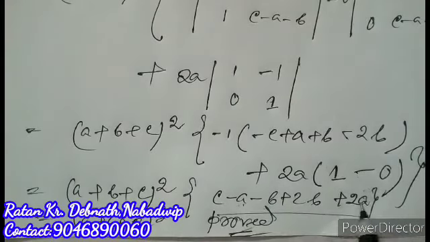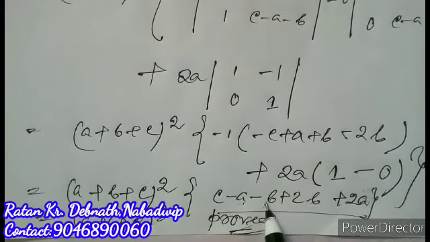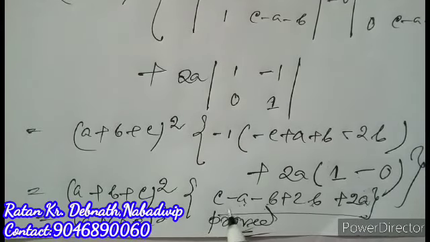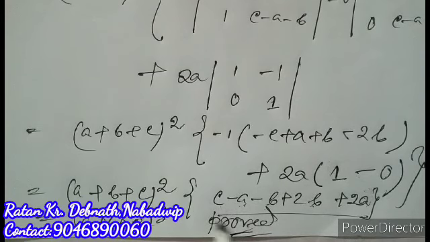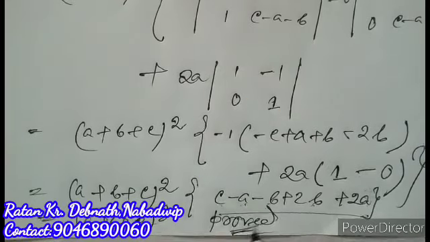Here minus a plus 2a equals a, minus b plus 2b equals b, and c. So we got ultimately a plus b plus c, and we can write a plus b plus c whole cube. That's all.